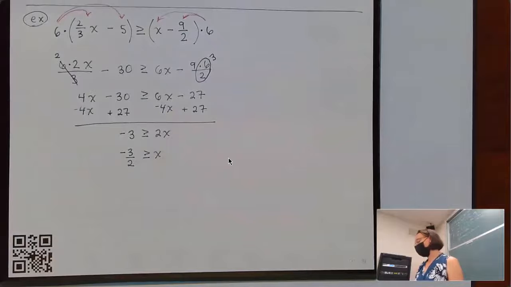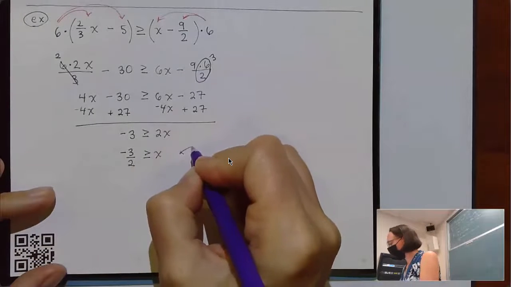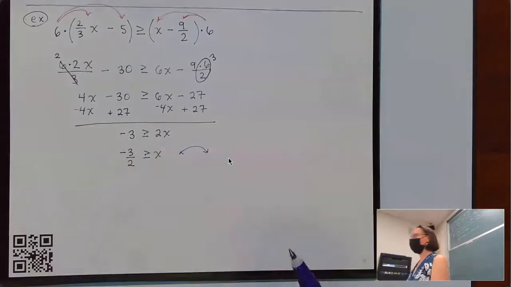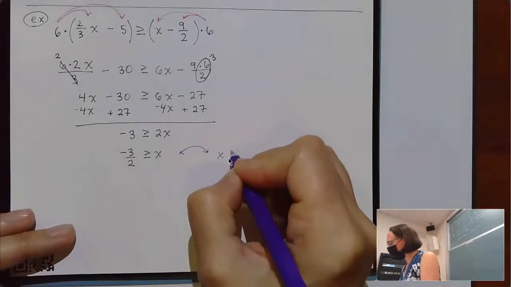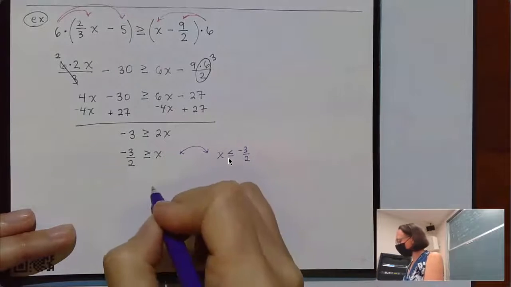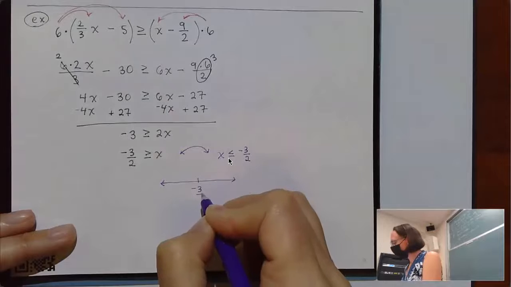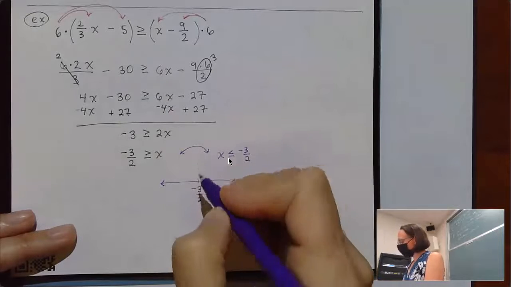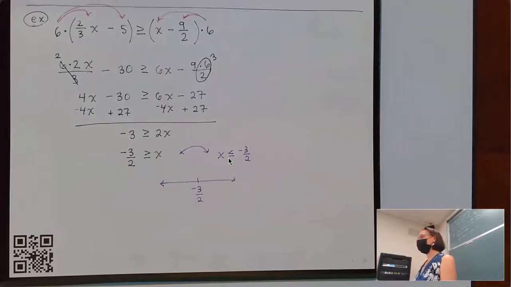And I'm going to do the same step that I did last time. You do not have to do this, but for me, I prefer to be looking at the mirror image of that to say x is less than or equal to -3 halves. It's just easier for me to see that number line piece. Because we have that little or equal to bar, I know this time I'm going to have brackets instead of parentheses or a filled in circle.